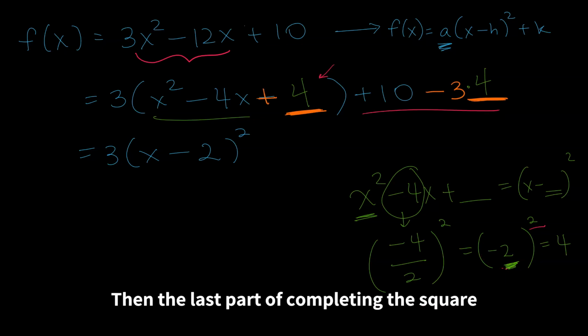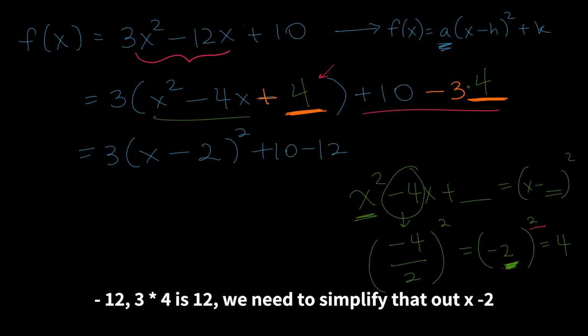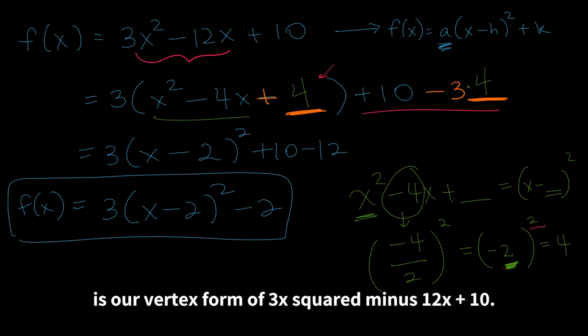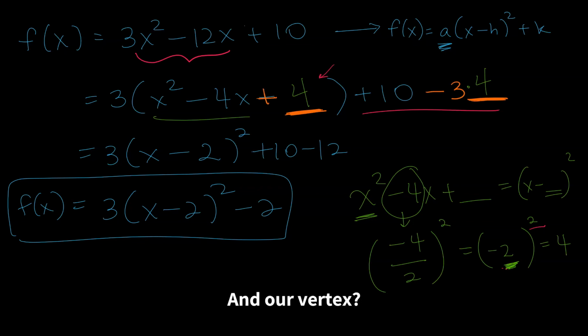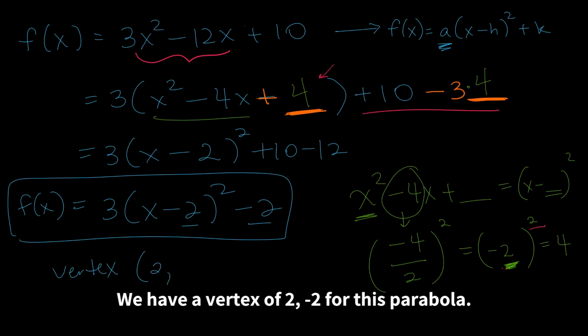And then the last part of completing the square for this particular function, plus 10 minus 12, since 3 times 4 is 12. We need to simplify that out. 3(x minus 2) squared minus 2 on the outside is our vertex form of 3x squared minus 12x plus 10. And our vertex, we can read it nicely off of this graph. We have a vertex of 2, -2 for this parabola.